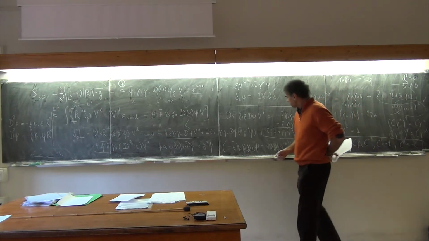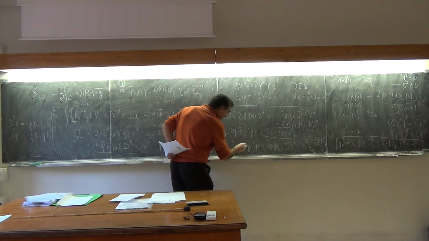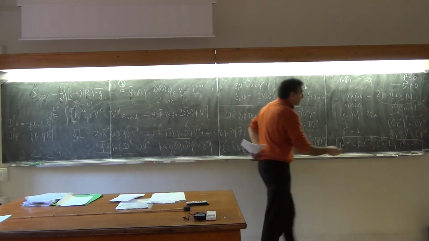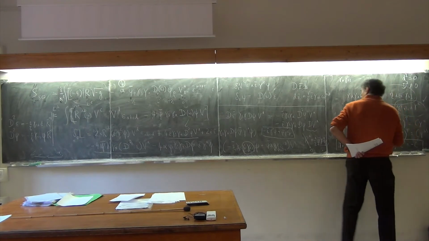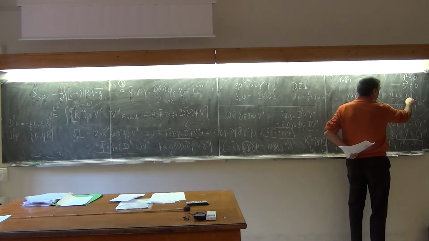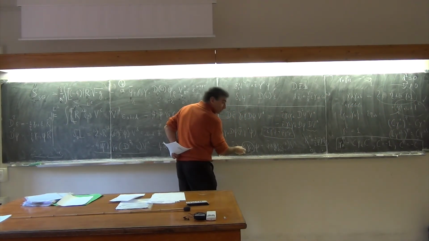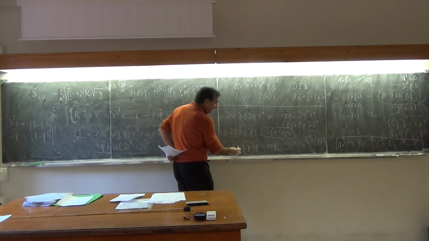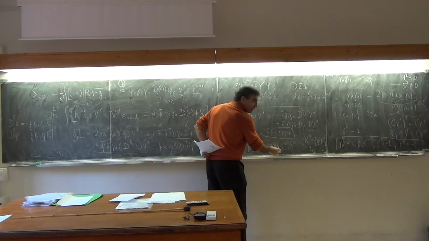Sorry, which term is this? Now, I'm using the gamma formula to substitute these, and in principle, I should substitute it with this plus this. What I'm saying is that this does not contribute in this case, because if you wrote this term, you would have a single gamma instead of this product of two gammas, but then you would have a gamma 5 gamma, and here you would have a gamma 5 gamma.